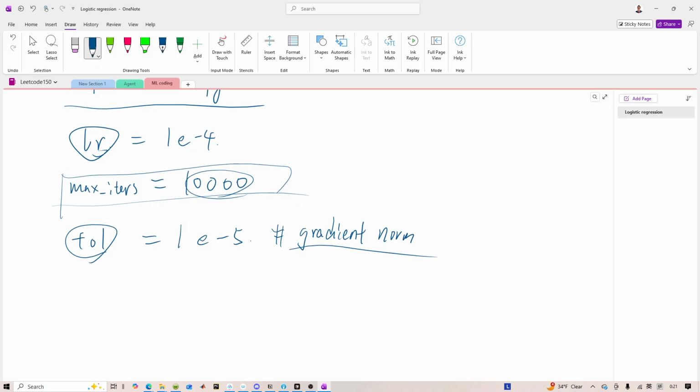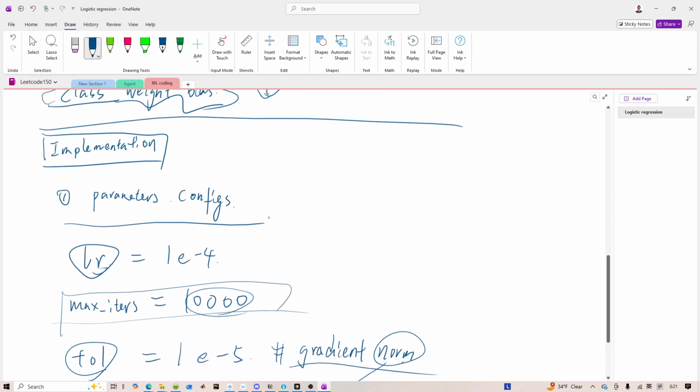So I'm calculating the gradient, and then I'm calculating the norm of the gradient. If this is less than the tolerance, I would stop optimization.